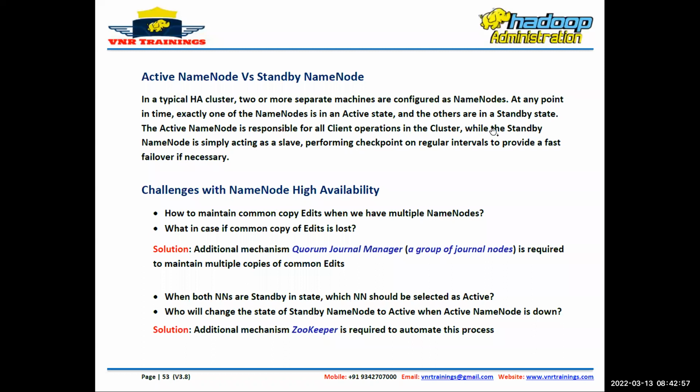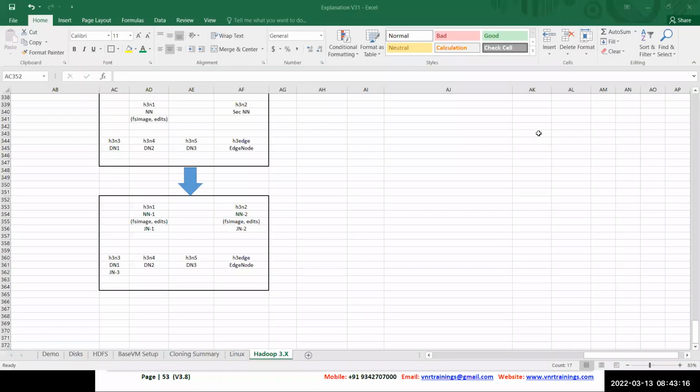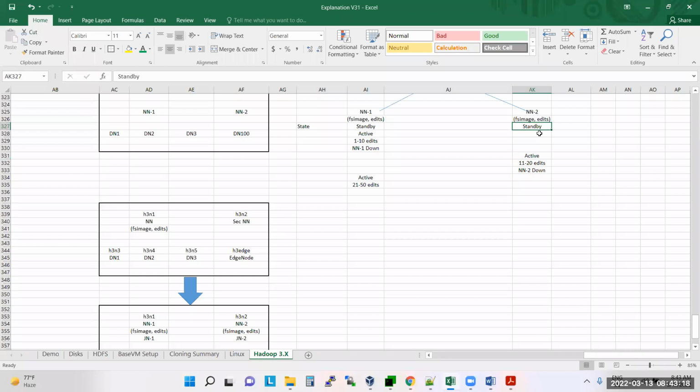The standby name node is simply acting as a slave and performing checkpoints at regular intervals. So now who is performing the checkpoint? The standby node. Whichever is in standby state will be performing the checkpoint. Understood?